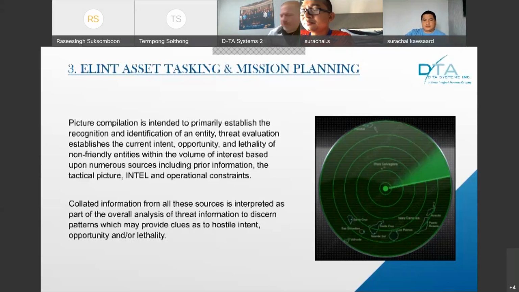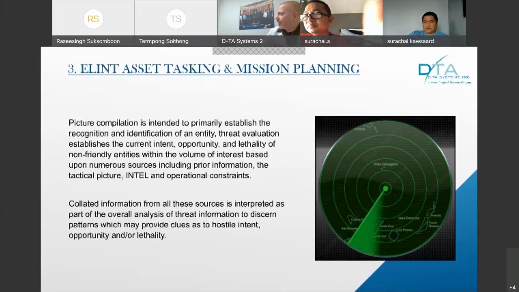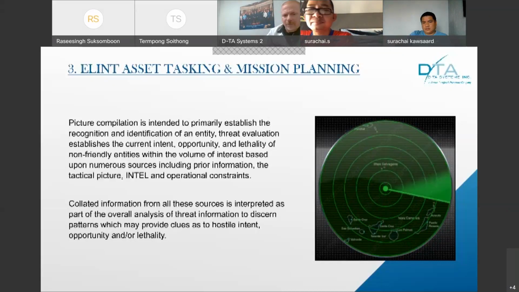So here's basically the start of our picture compilation, where we can try to identify the contacts and try to resolve what their possible intent is. And from there, we would go out to doing things such as reading warnings. And if that doesn't work, then obviously you would carry on and proceed to assigning weapons and establishing your intent to defend yourself, right?